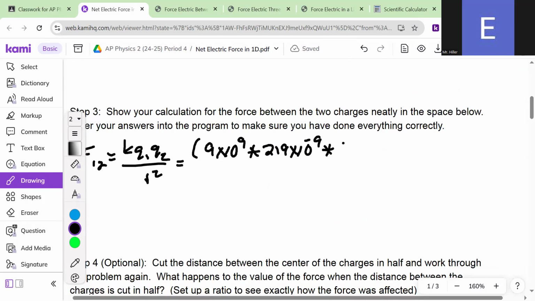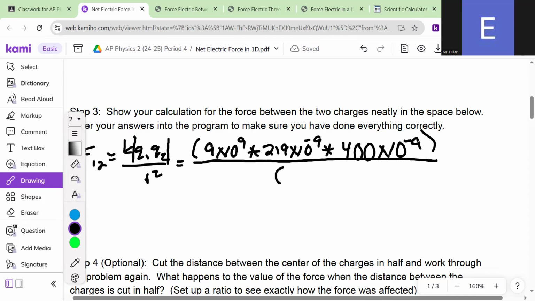Remember, we don't put the negative in the equation. It's the absolute value of the charges. So 400 times 10 to the negative 9, all over 0.034 squared.